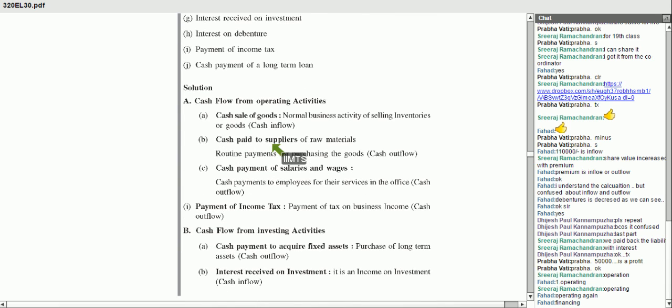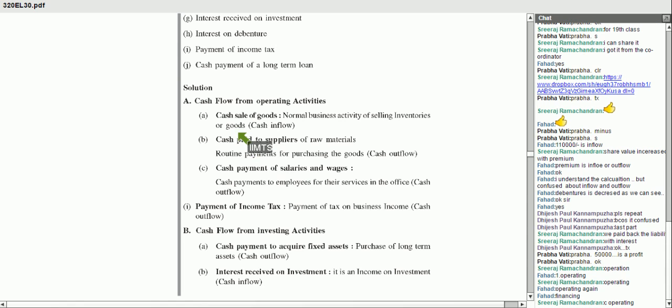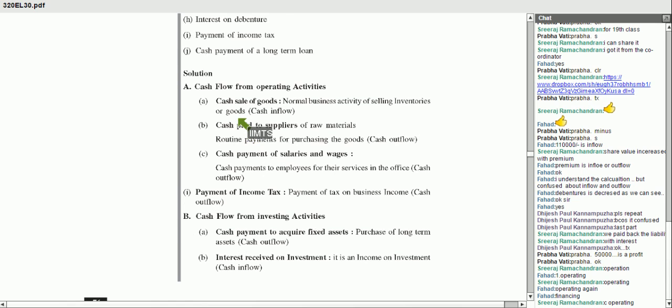You can see the solution. So you can go through the solution.